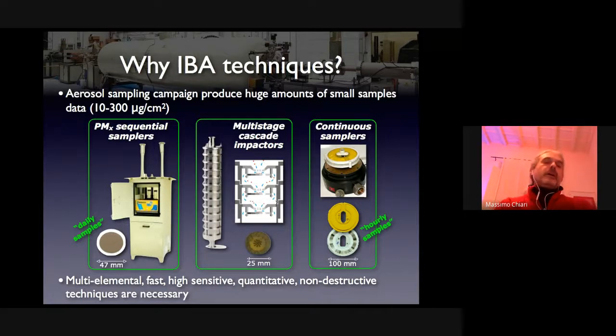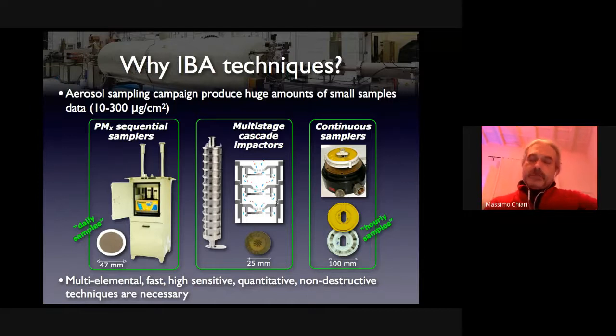This is just an example of different kinds of instrumentation that can be used to collect aerosols and the kinds of samples, so the targets that we measure with IBA, that are produced. You have, for example, large homogeneous samples like the one on the left. You have spot-sized samples like the one in the middle, and then you have extended samples like the one on the right.